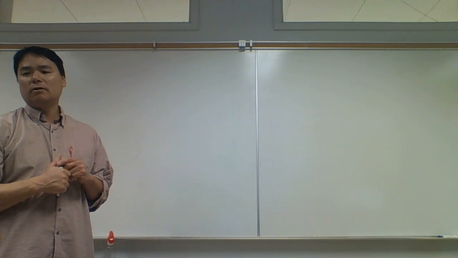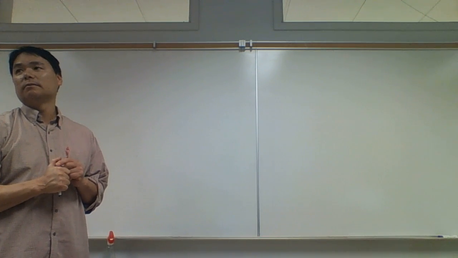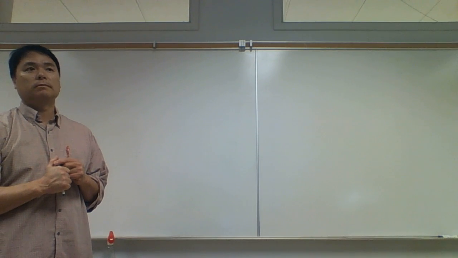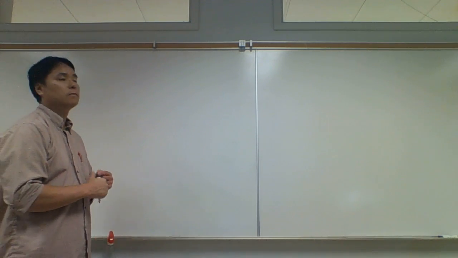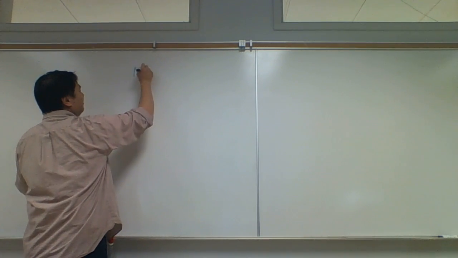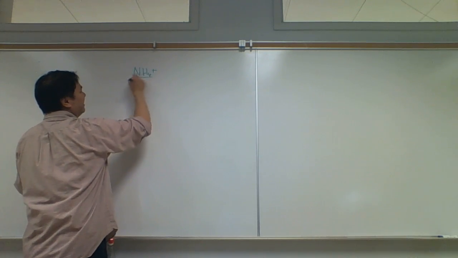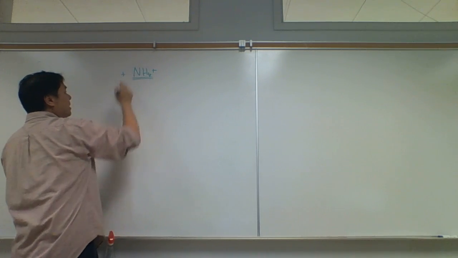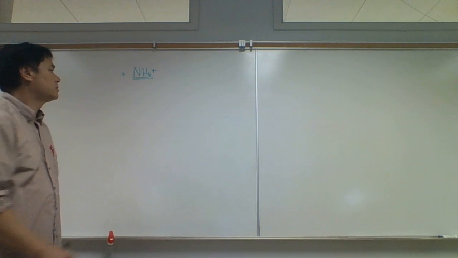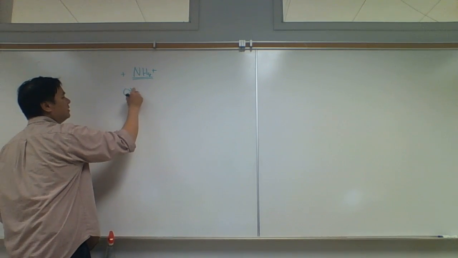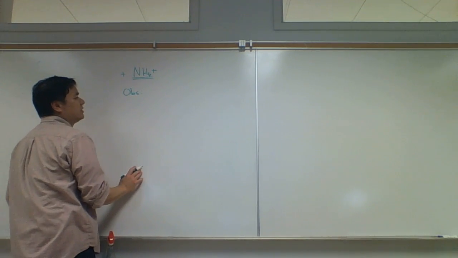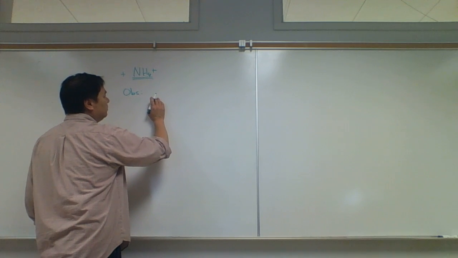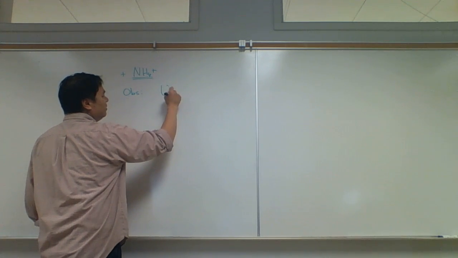All right, let's go on to the next ion, which is ammonium. What does the positive test for ammonium look like? Look at our observations. We take an unknown aqueous sample.